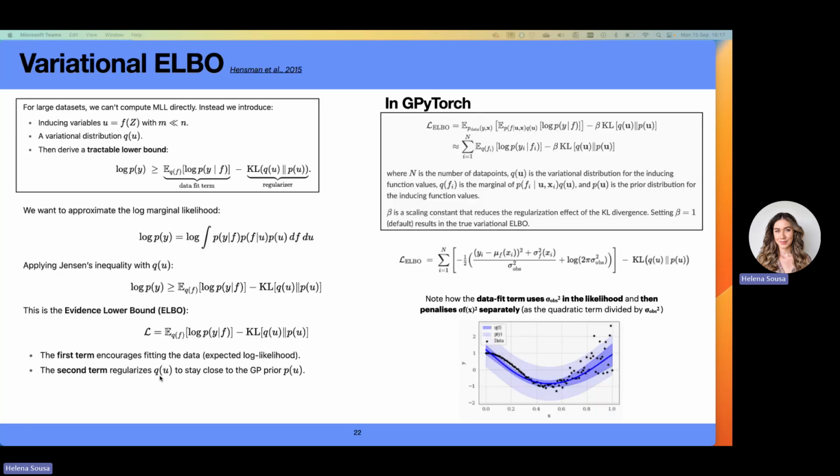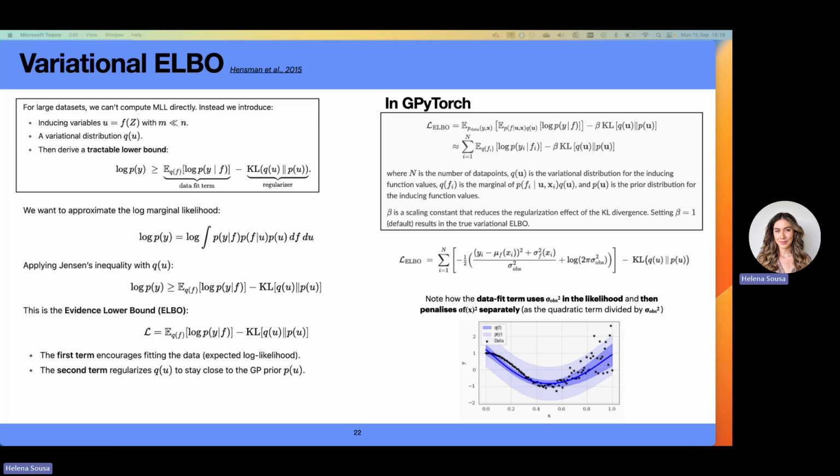Now I'm going to talk about the different objective functions that we can have when we use approximate GPs. I will start with the variational ELBO. As I was mentioning before, when we have approximate GPs, we don't compute the marginal log likelihood directly, since it's intractable.